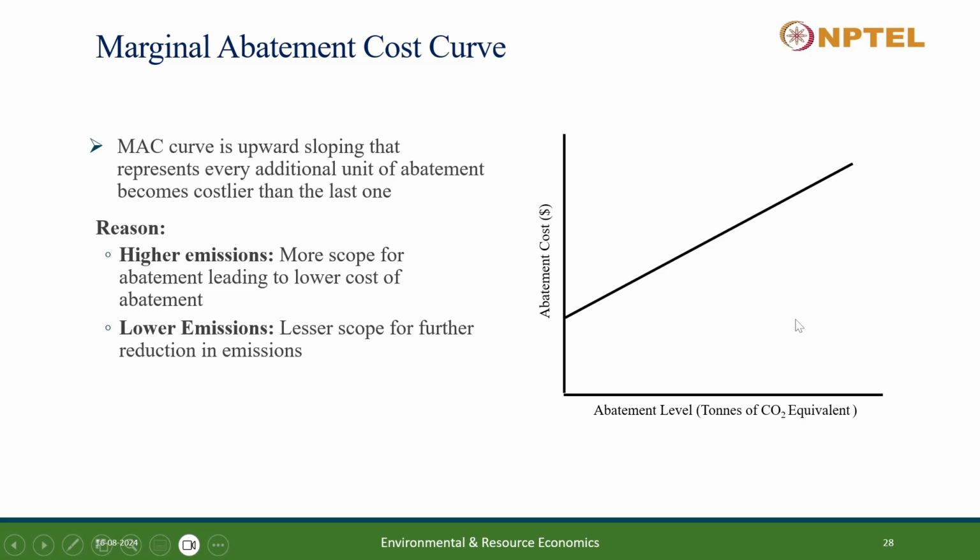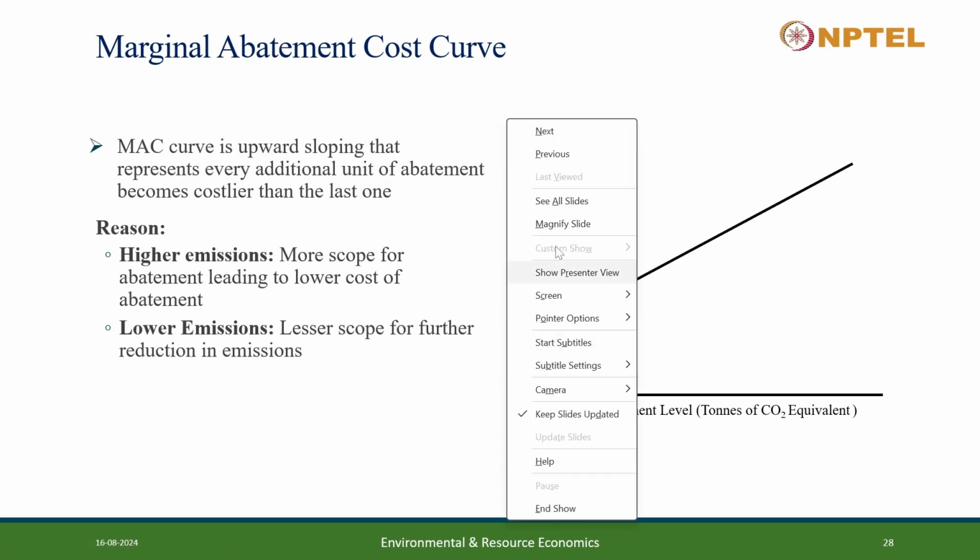First, I'll explain that marginal abatement cost is the change in cost of abating certain emission and the change in quantity. So del cost upon del Q will be our abatement cost, right? So marginal abatement cost curve is upward sloping.